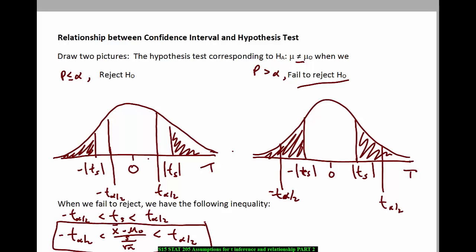That is the one that was inside of our probability statement when we created our confidence interval. Remember, we had an inequality that looked just like that, and we got mu by itself in the center. We used algebra to get mu by itself. So that means that we can draw a certain conclusion.